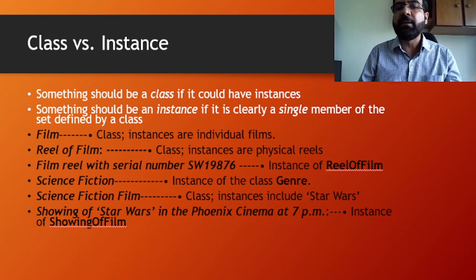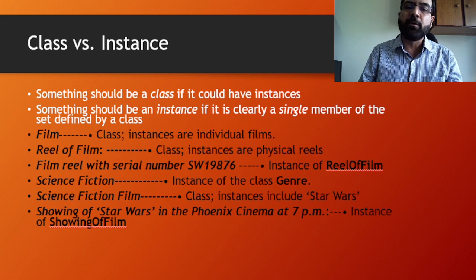Something should be an instance if it is clearly a single member of the set defined by a class. For example, a film is a class, and the instances are the individual films. When you talk about individual films, you may consider some of the attributes and behaviors related to a film. The reel of film is a class; instances are the physical reels which need to be stored. How those physical reels need to be stored includes certain attributes as well.